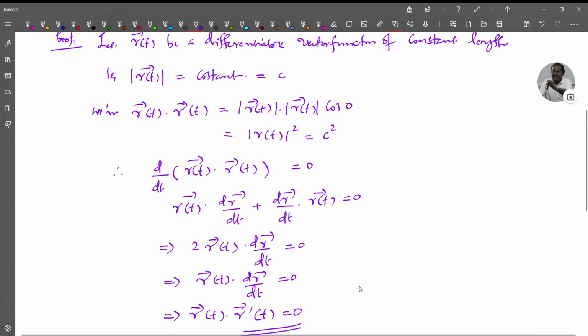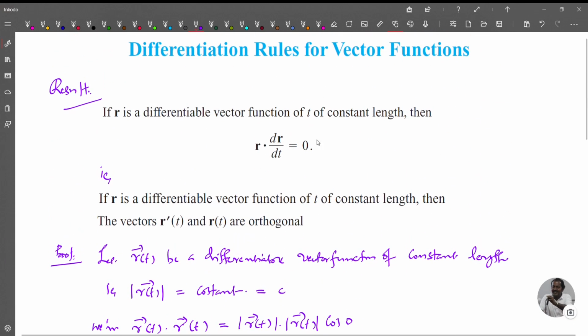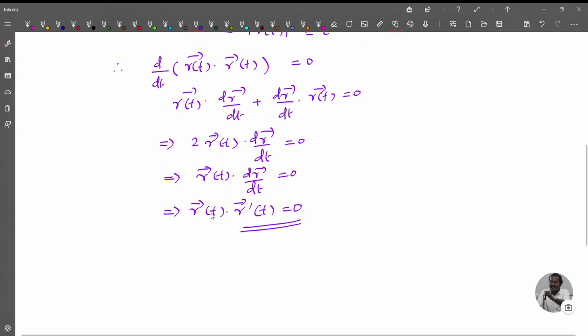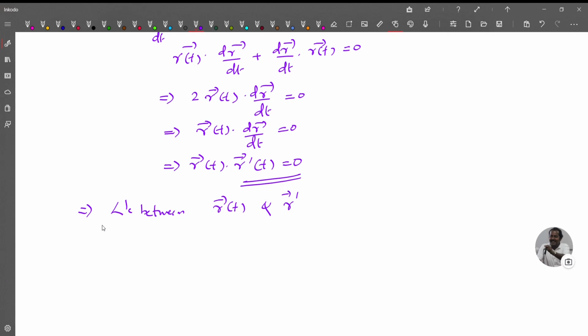Thus we have, if r is a differentiable vector function of t of constant length, then r dot dr by dt equal to 0. And since r dot dr by dt equal to 0, the angle between r of t and r dash of t is pi by 2, because their dot product is 0.